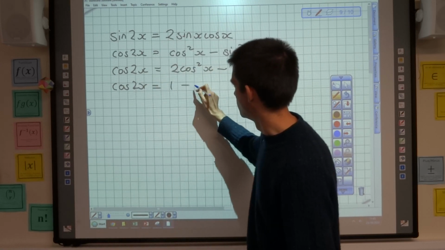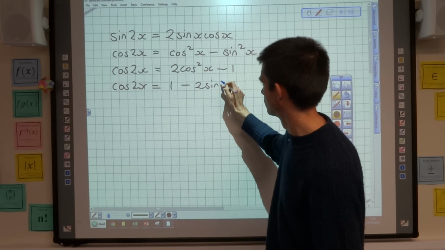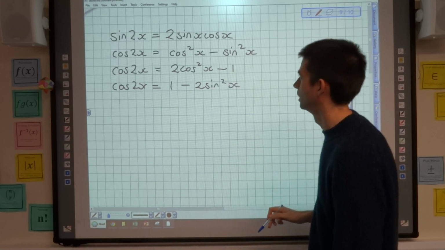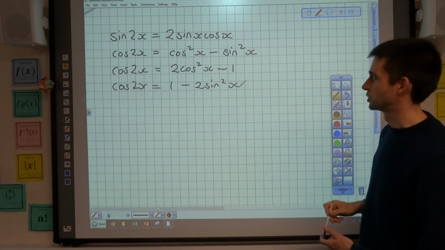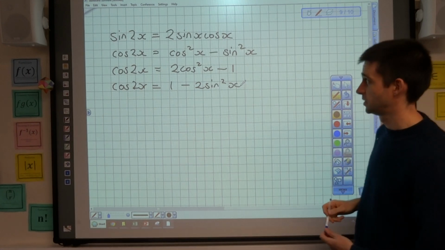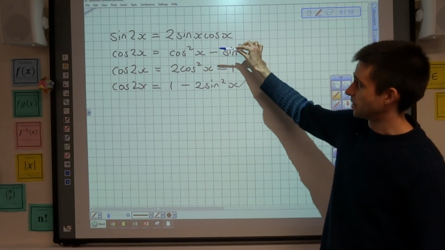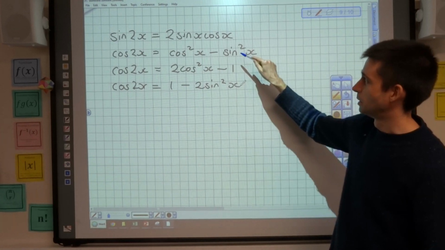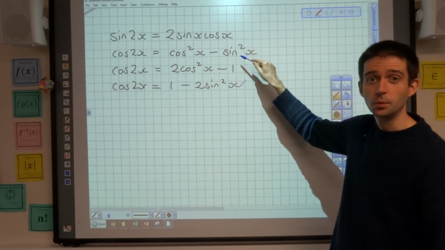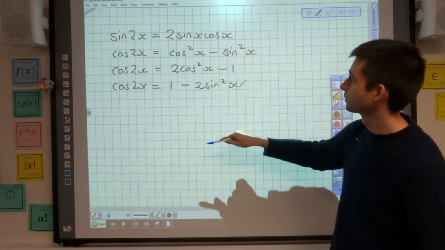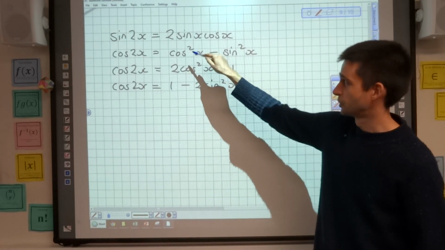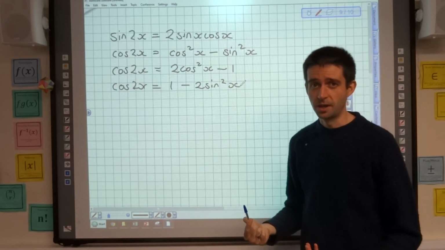And there's 1 minus 2 sine squared x. Now I always present them with the cos squared x minus sine squared x first, because you can use this identity to find the other two by first of all replacing sine squared x with 1 minus cos squared x, or for this one replacing cos squared x with 1 minus sine squared x.